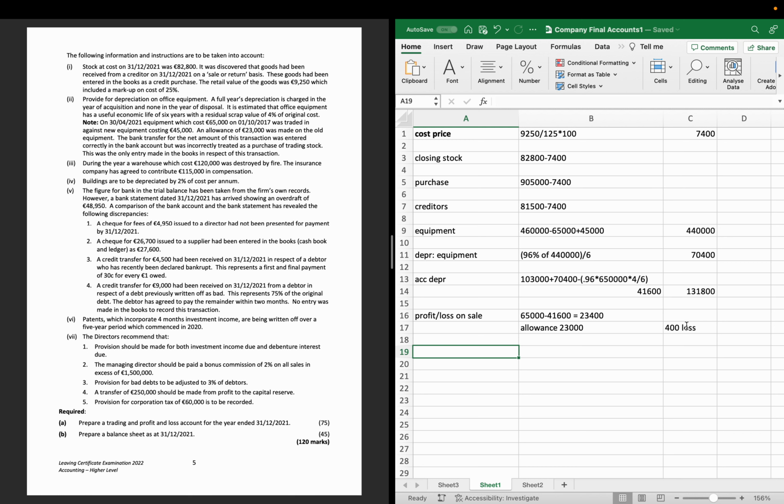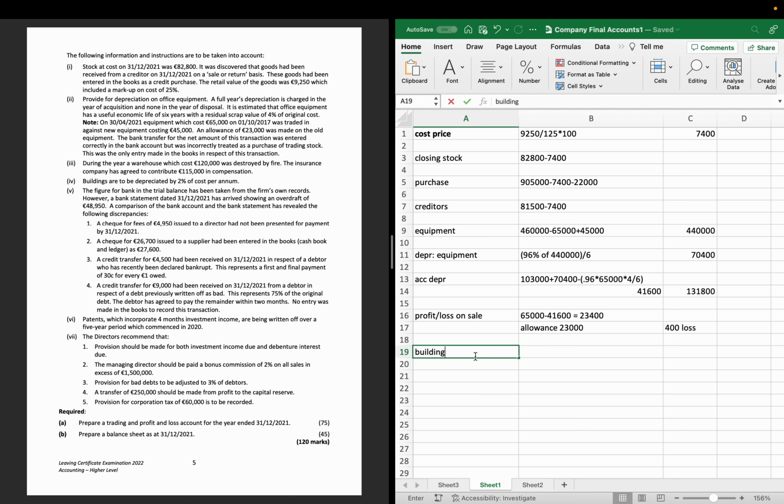All right, so the cheque for the net amount is included in purchases. So the net amount is the new van minus the allowance. So the new van cost us 45,000. We got an allowance of 23, so there's a cheque for 22, which gets taken out of purchases. Okay, that's that one. Number 3, during the year a warehouse which cost 120 was destroyed by fire.